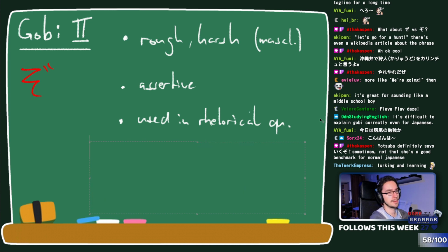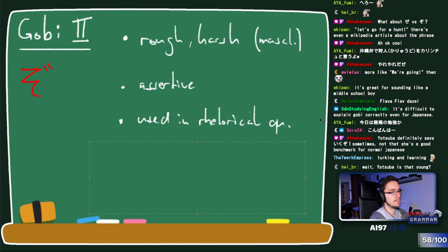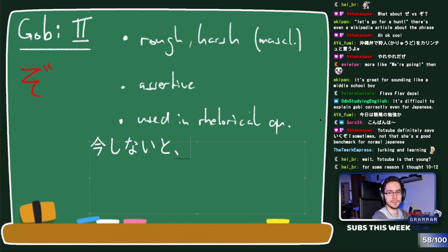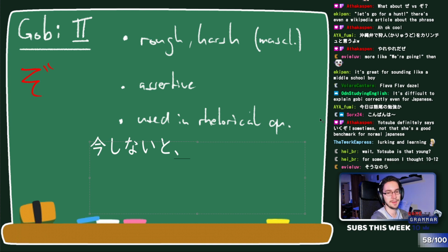So let's just make some examples, right? So you can use it. Let's talk about how it works as an assertive kind of particle or gobi. Like this would be one, right? 今しないと失敗するぞ. 失敗するぞ.